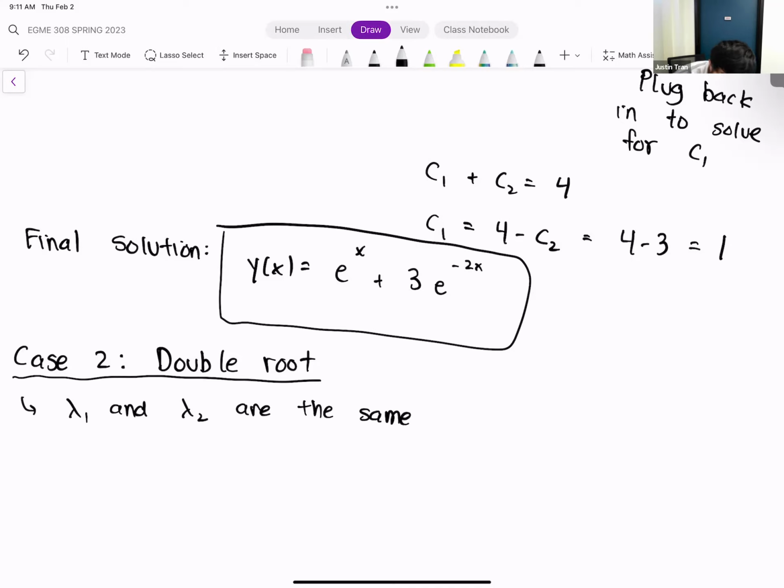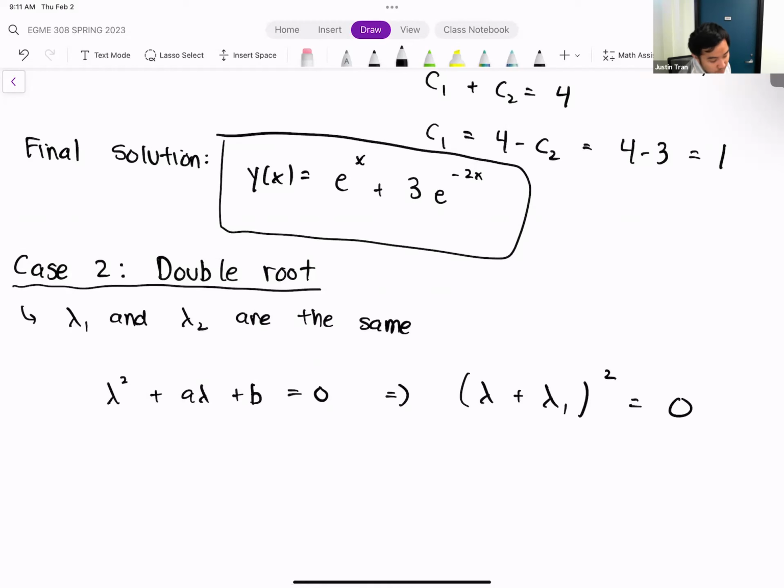And so this means that when we have lambda squared plus a lambda plus b equal to 0, this factors into lambda plus lambda 1 quantity squared. In this case, we only have one root.